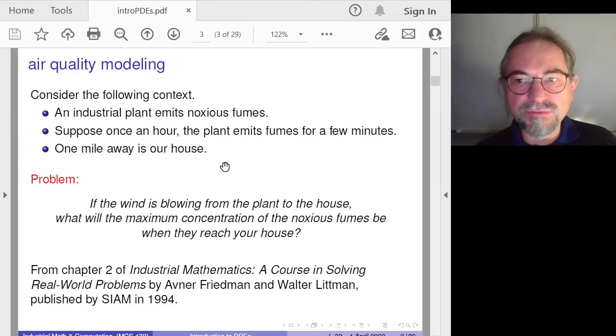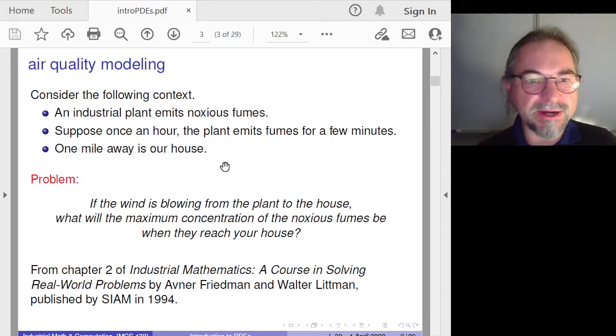There are these fumes that get emitted once an hour, and what happens to the air quality around the house when the wind is blowing in the wrong direction, away from the plant towards our house? In particular, the problem is how can we understand the concentration of these fumes.